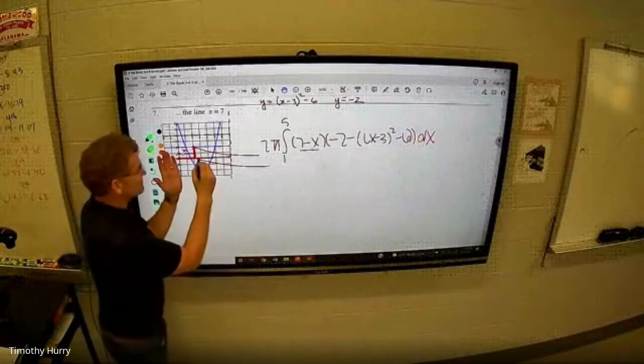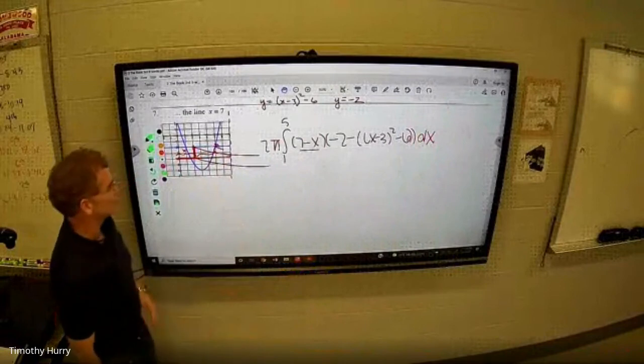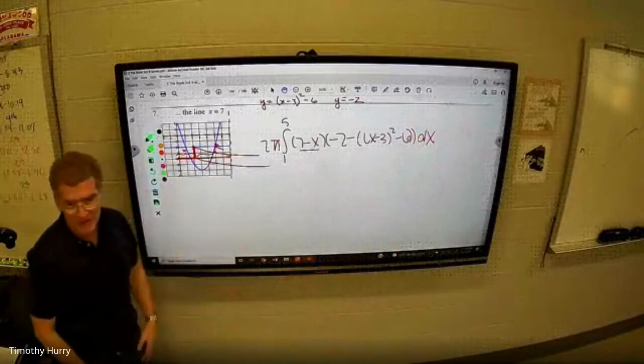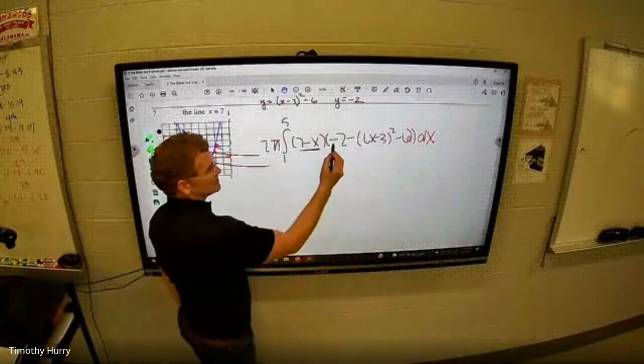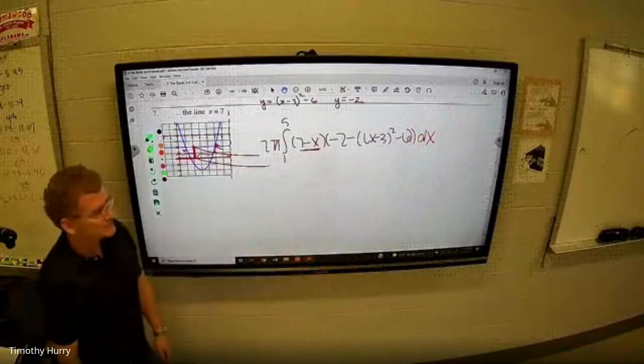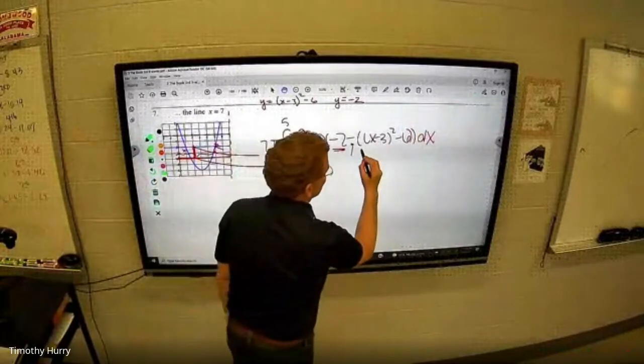And that leaves you this radius as it's changing. So that's the radius we're using. It's the 7 minus that part. And it just figures itself out. And you don't have to think anymore if you just go axis minus x or x minus axis. And then this is just top minus bottom.